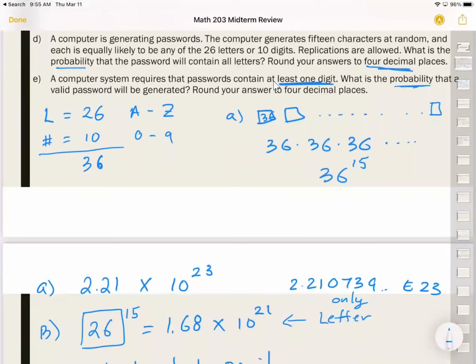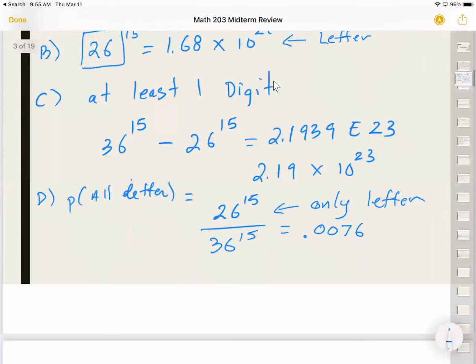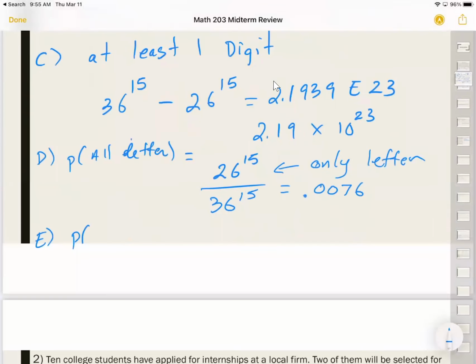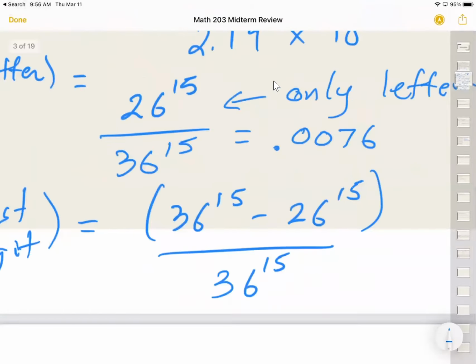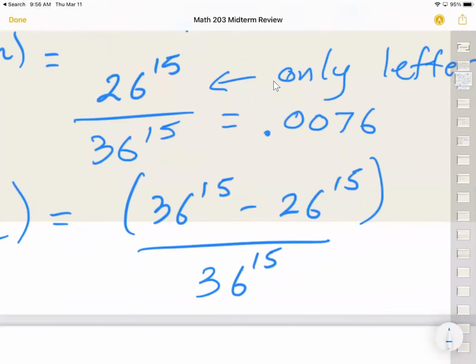Do you see for this item here for E, the probability of at least 1 digit is the same as the result in C, which is 36 to the 15 minus 26 to the 15 power, divided by the total possibility, which is 36 to the 15 power. When you type in your calculator, just put in your parentheses, right? Why do I use the 36 minus the 26 up here? Because remember, this is the number of possible passwords that have at least 1 digit, right?